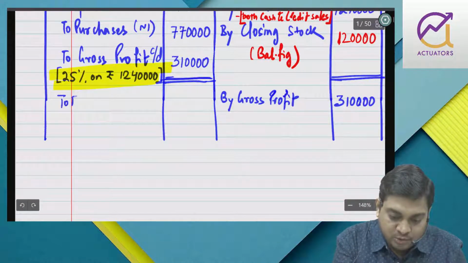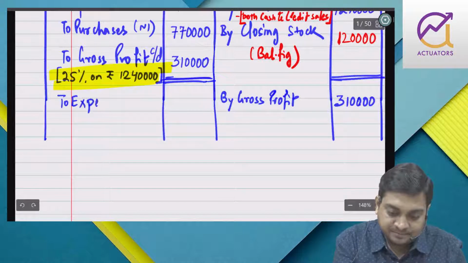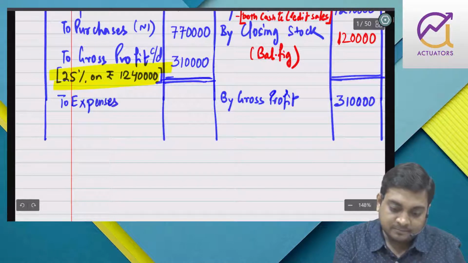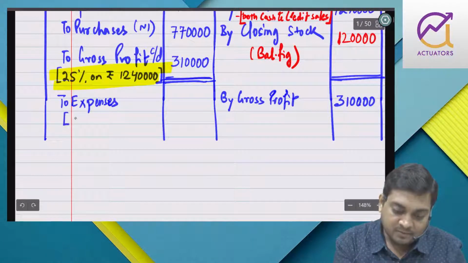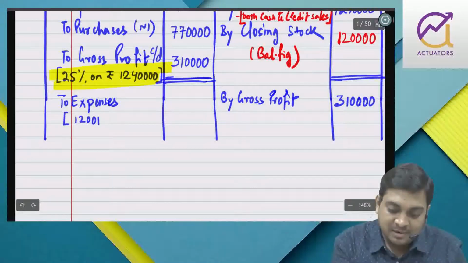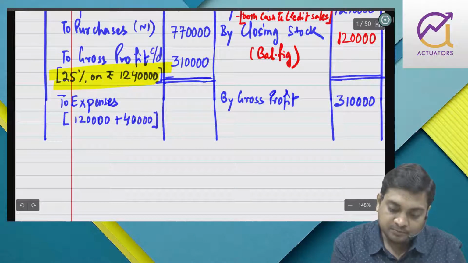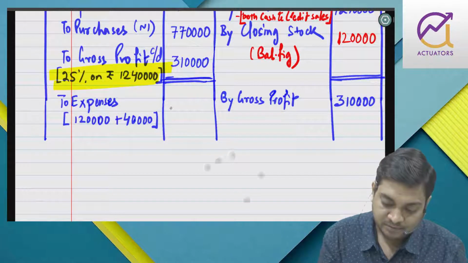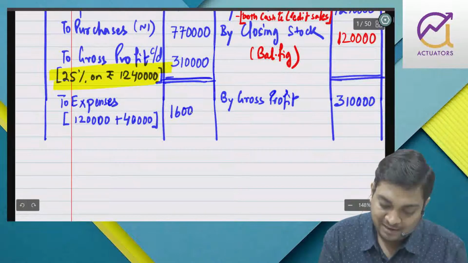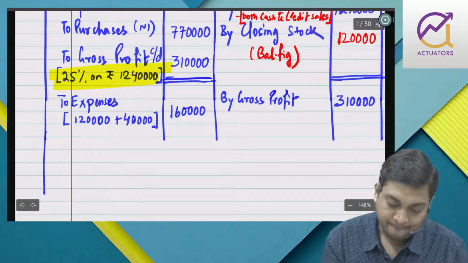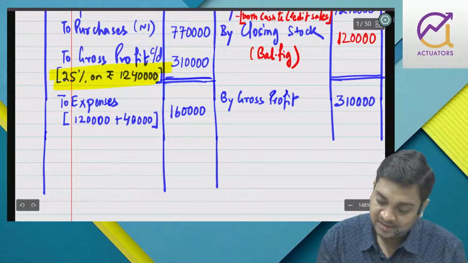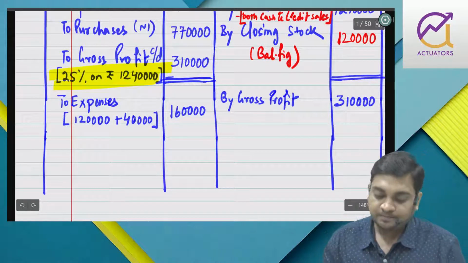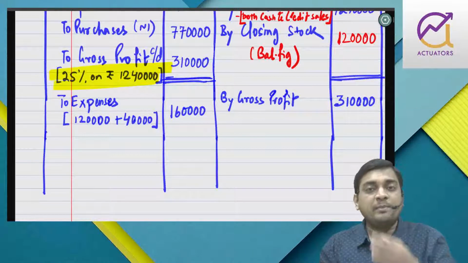So you can see two expenses: 1,20,000 has been paid through bank, and 40,000 has been paid through cash, salary. So that comes to 1,60,000.